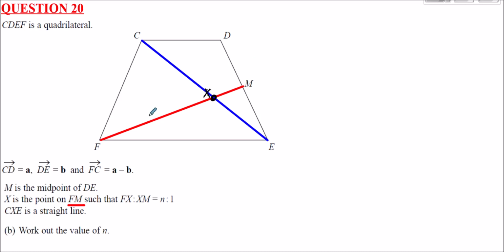So we can say this in two different ways. So FX is some multiple, I don't know what multiple it is, but it's some multiple of FM.